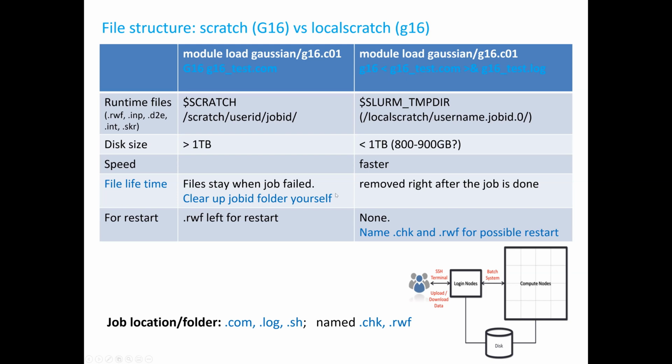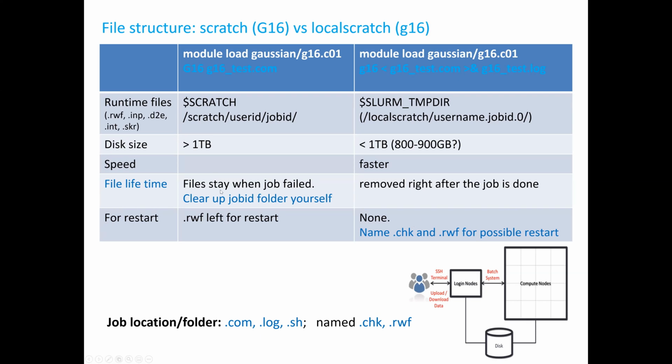So each of them has an advantage or disadvantage. The advantage is, potentially if you use the local scratch, the job will be faster. However, because it doesn't save any files, if you need to restart a job from read-write files, the file is gone.